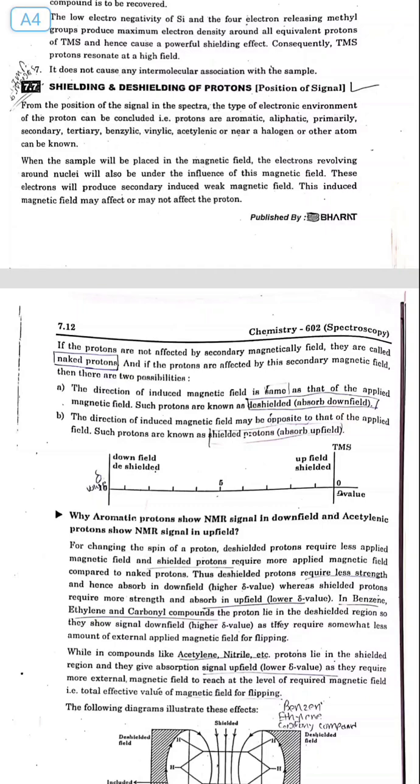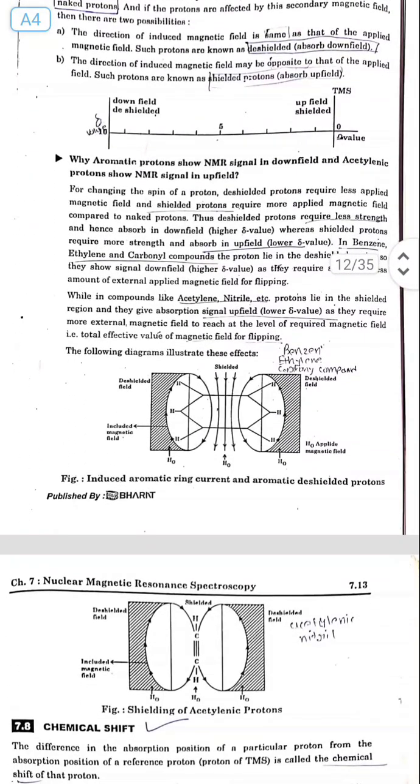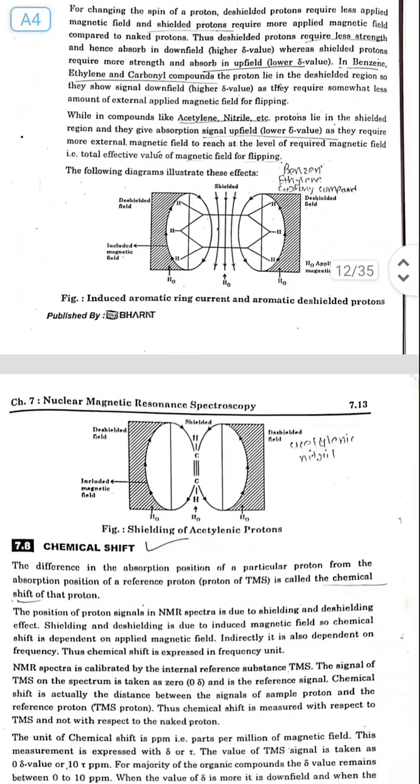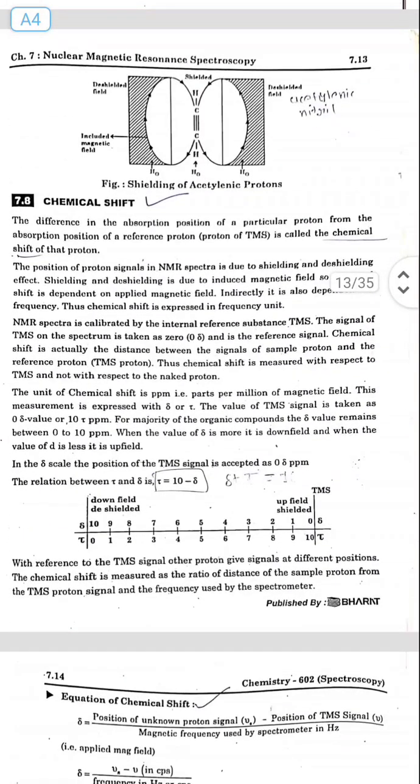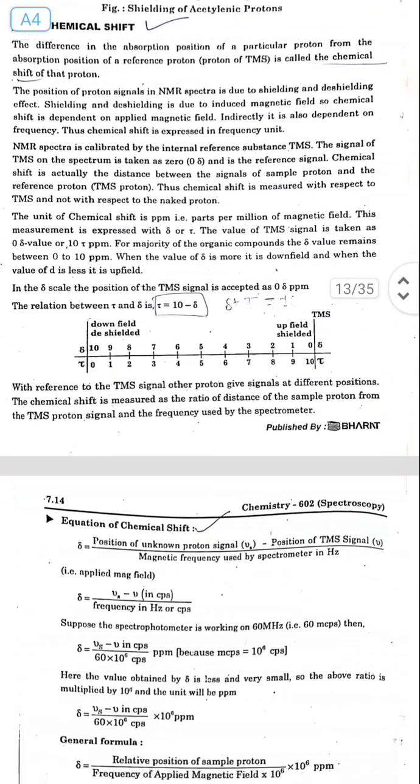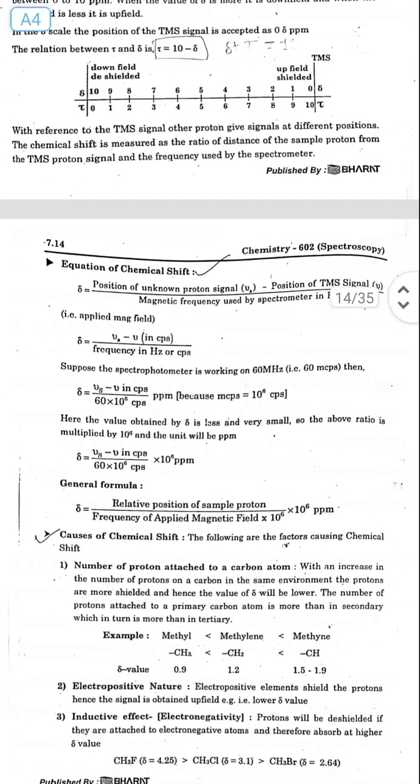For example, alkane protons appear at 0 to 2 ppm, aromatic protons at 6 to 8 ppm, and aldehyde protons at 9 to 10 ppm. Okay, you can remember this chemical shift, and its formula is delta.